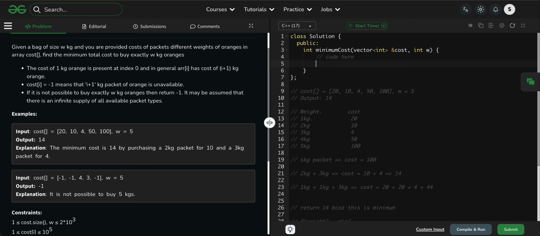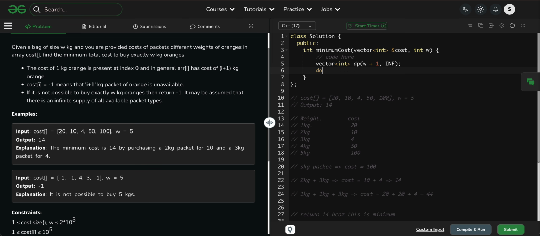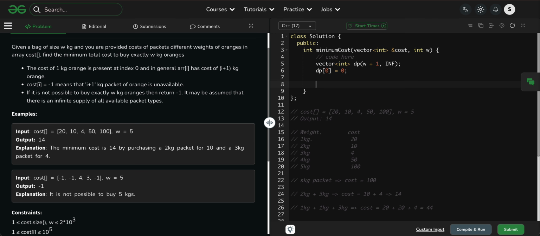The first thing is vector<int> dp. We always pick dp, and dp is of size w plus 1, initialized to infinity, right. Now dp[0] is equal to 0. Now int n is equal to cost.size(), right.